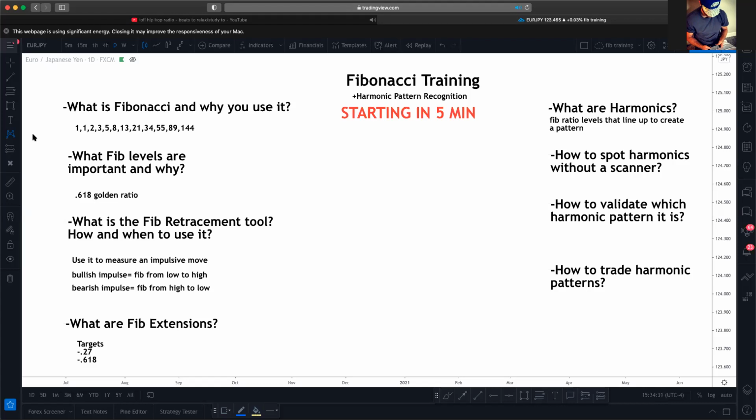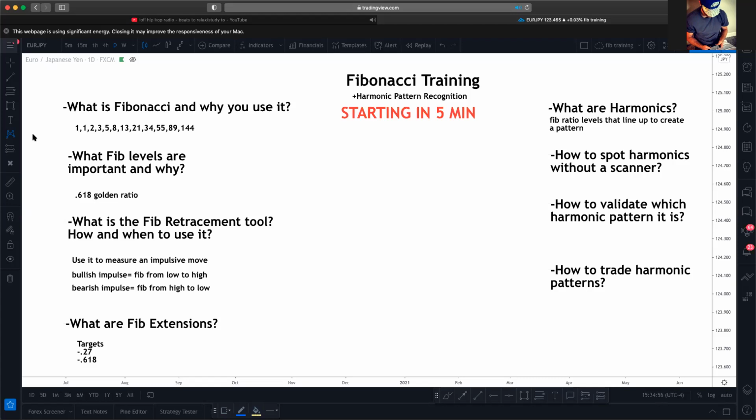That's not what I'm doing today. I'm just going to go into the basics, because if you learn this basic part of harmonics, it'll be a lot easier for you to go in on some flashcard type stuff and learn the different patterns.